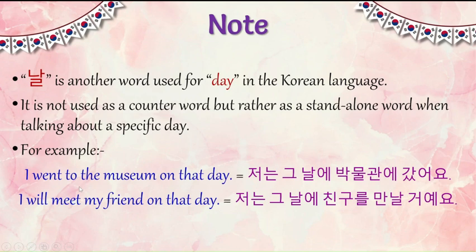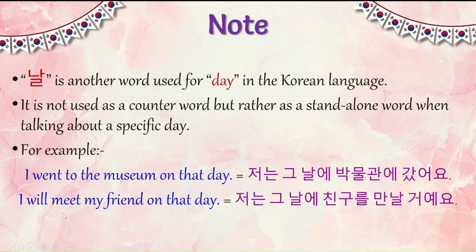Okay, for example, you have to say: I went to the museum on that day. Now you are mentioning a specific day in this sentence. So in Korean it is going to be 저는 그날에 박물관에 갔어요. I is 저는, that is 그, 날 is day. So that day. Museum is 박물관 and to go is 가다, in past tense 갔어요. Alright.